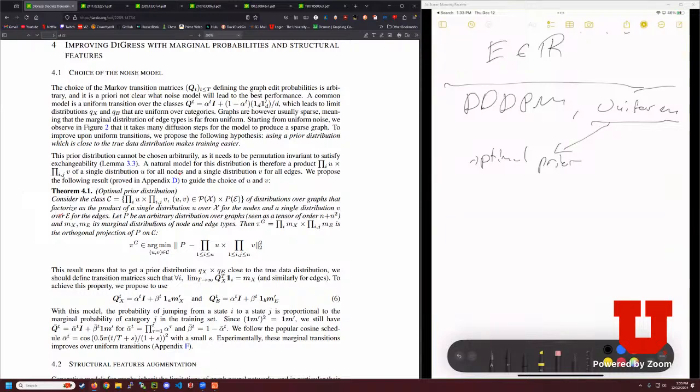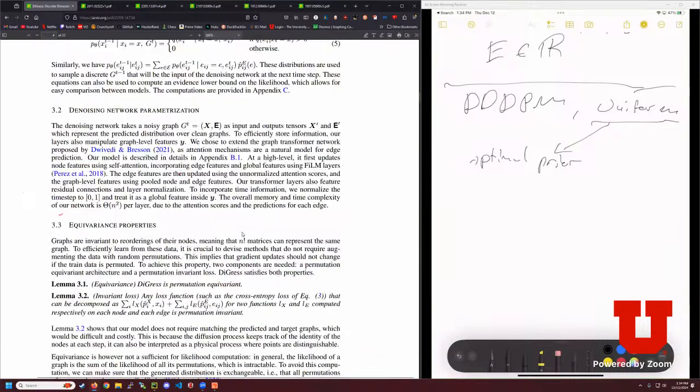Oh, okay, then it's doable. You just count the ratio of category j in the training set. Okay. Can we go back to algorithm 1 and say what's the generation procedure?